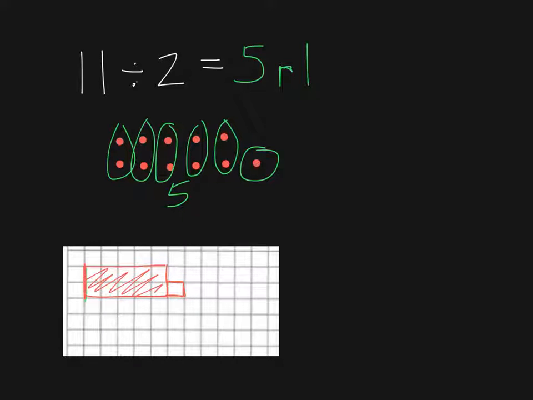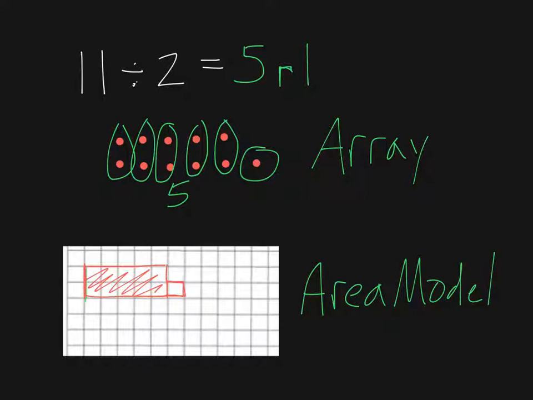So again, this is the array. This is how we show it with an area model. And the reason we call it an area model is because we're using that area formula to figure out how many units fill in this whole space. It is 2 by 5. 2 times 5 gives me 10 altogether.